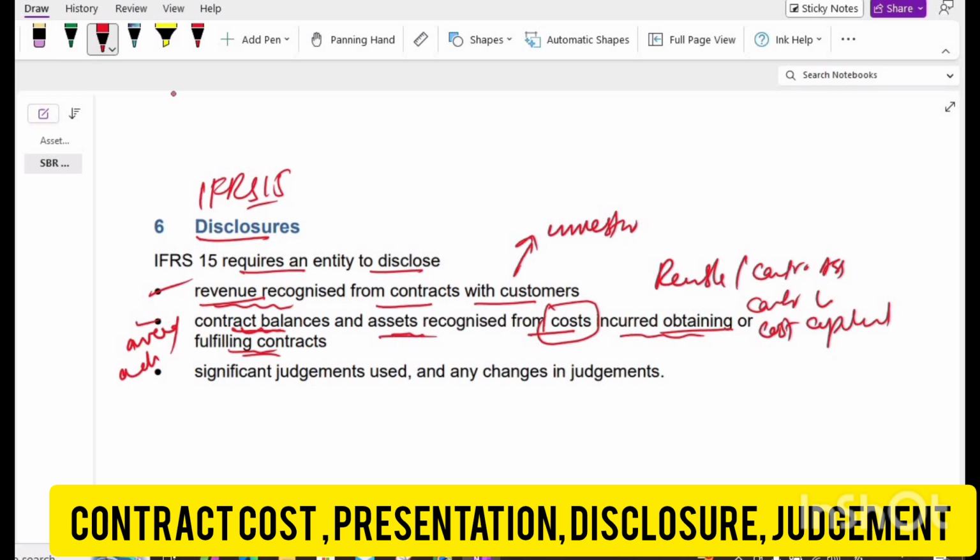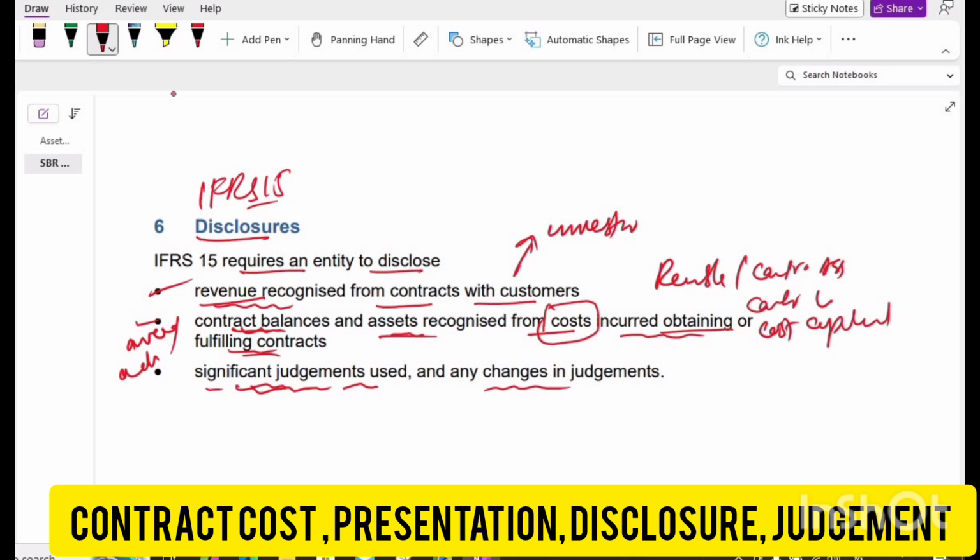Clear? And then you have another very important one, that is significant judgment, because there are some judgmental scenarios when you are recognizing the revenue. So you have to disclose those significant judgments used and any changes in the judgment. This means that the company must disclose important decisions it made when applying IFRS 15.